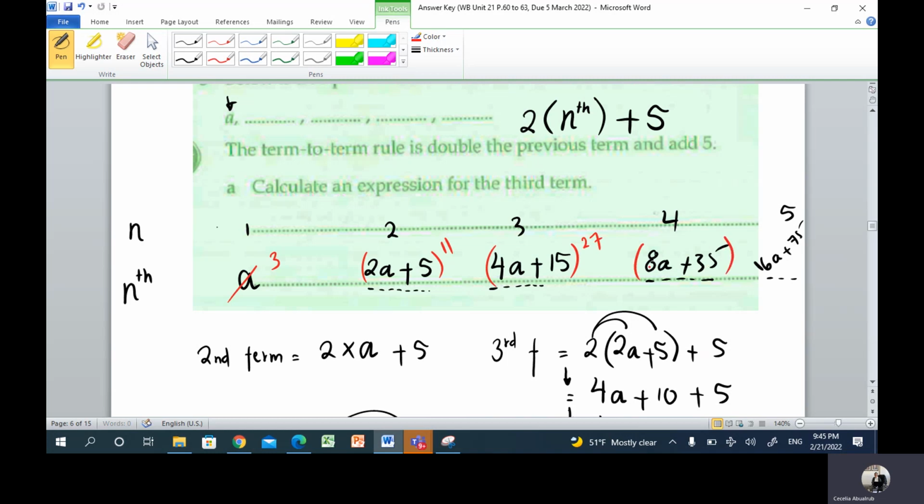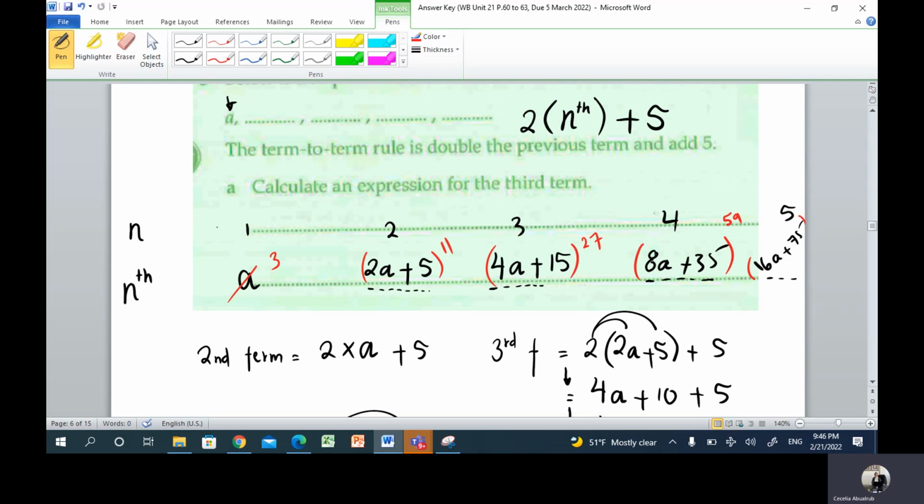The fourth term, if a is equal to 3, then 8a means 8 times a. So 8 times 3 is equal to 24. 24 plus 35 will be 59. The last term, which is the fifth term, 16a, means 16 times a.